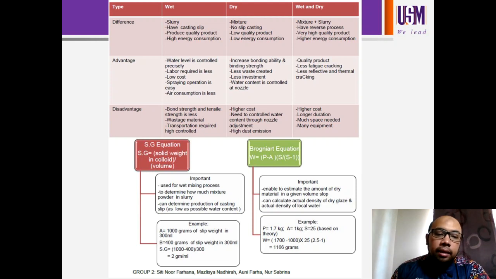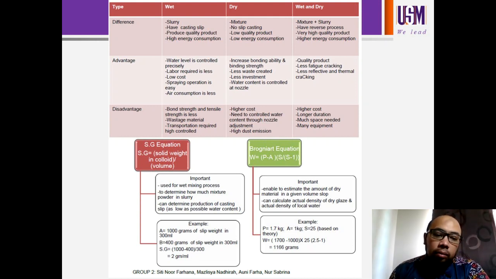You need to add the liquid medium in order to produce the wet mixing process. In terms of high energy consumption and also the facilities and equipment, normally the dry-wet method needs a much higher cost and more instruments or machines compared with the wet and dry mixing methods.